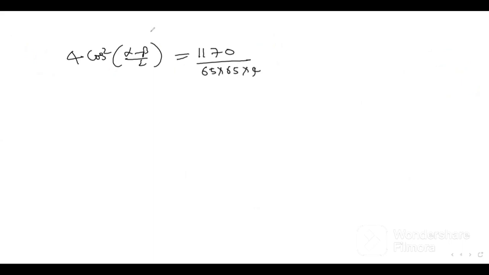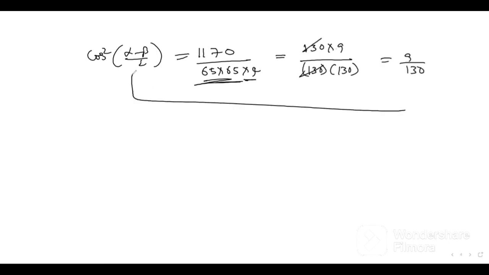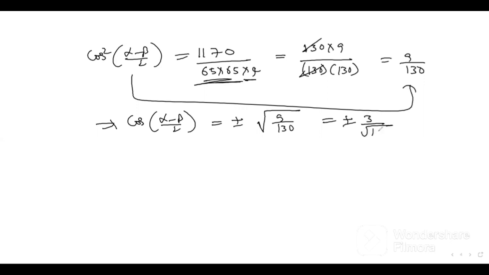The 4 on the left goes to the right side as a divisor. So we get 130 into 9 by 130 into 130. The 130 cancels, and we get 9 by 130. This is cos square((alpha minus beta) by 2). So cos((alpha minus beta) by 2) is plus or minus root of 9 by 130, that is plus or minus 3 by root 130.